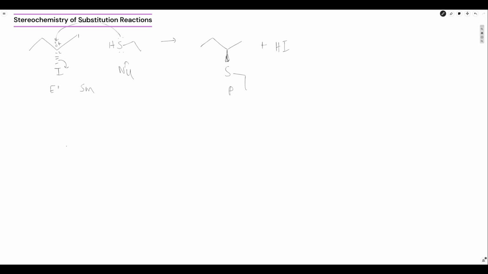It's clear that if there's a backside attack, certainly the stereochemistry is going to invert. We've shown that, but why is it that there's a backside attack? Okay, so let's consider this molecule again. If we consider it from an orbital perspective, then what you can see is that the bond is basically a couple of orbitals overlapping to form a bonding interaction. That's in fact what a bond is. It's the overlap of electron clouds of orbitals.